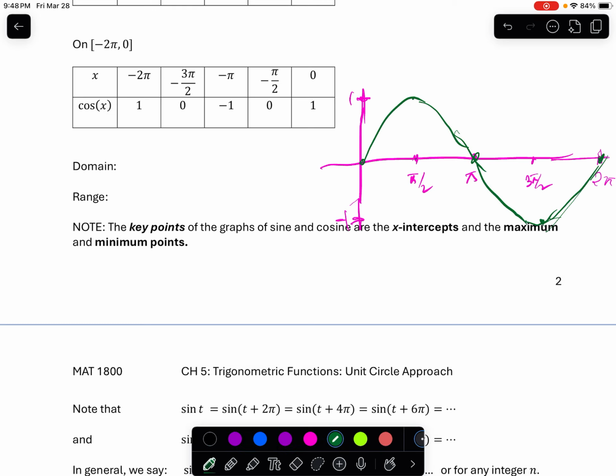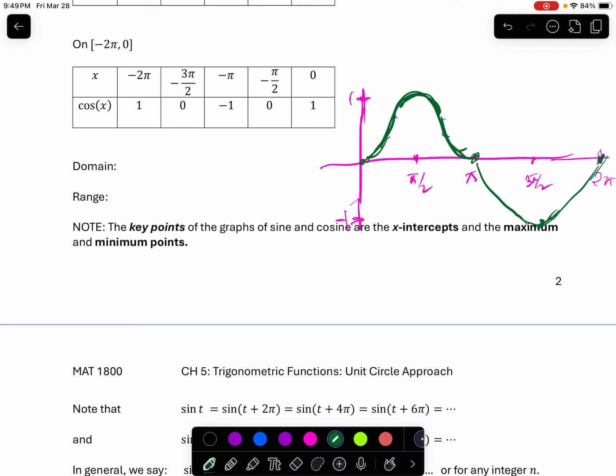Let me clean it up a little bit. And it should not do this, by the way. Your graph should not look like this. This is wrong because it is concave up in this portion, concave down here, and then concave up again.